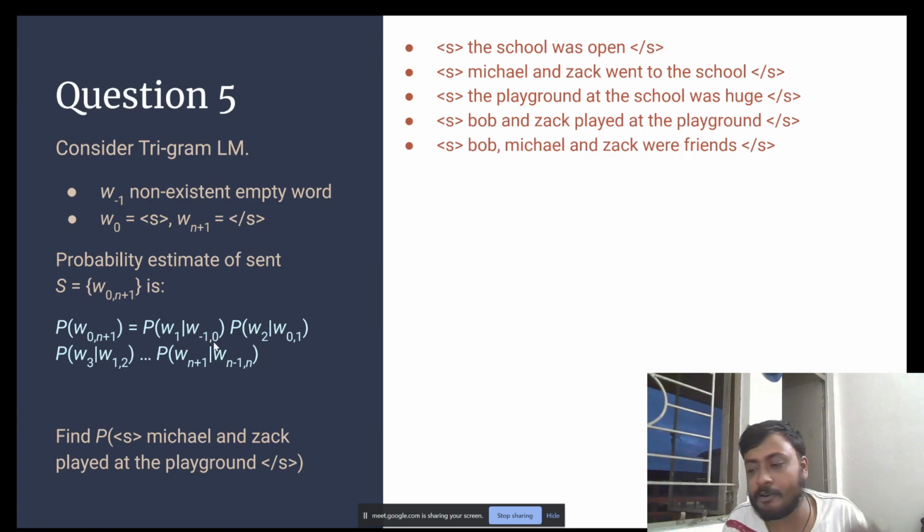It is just for notation purpose. In reality, you don't have any W minus 1. In the equations, it will not come either. But this is just for completeness. So it's a notation you can think of. Don't let these kinds of notations throw you off. Whatever you know how to calculate, the same things you will have to apply. Often questions are like that.